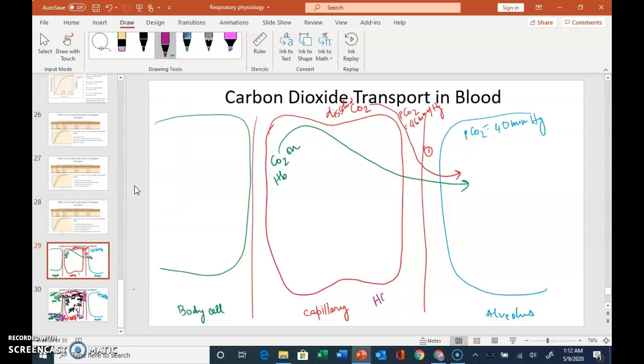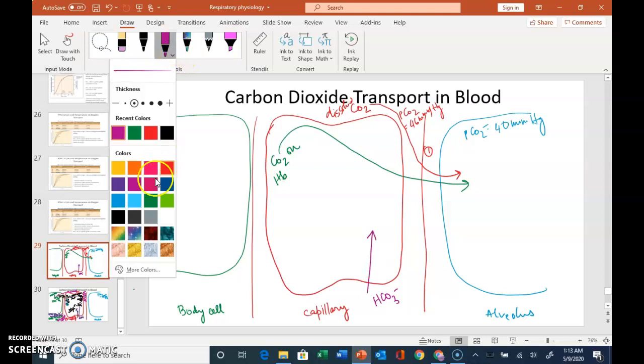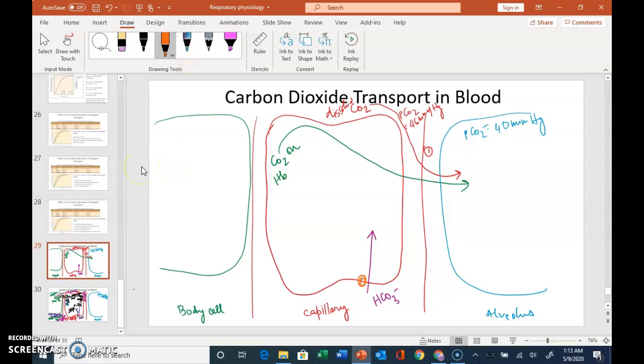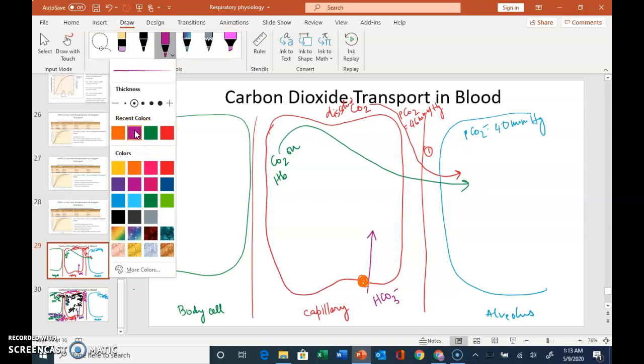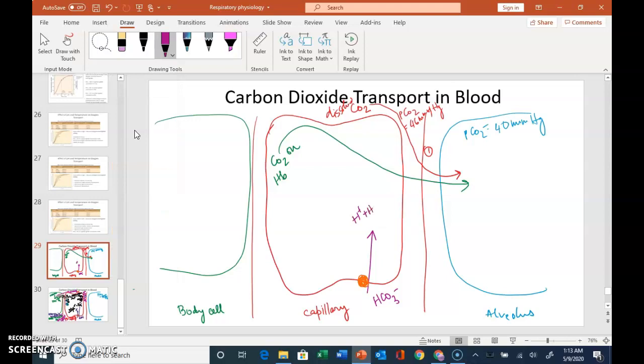Do you remember there was bicarbonate in plasma? This bicarbonate will move back into the RBC. So we have this protein here. So the bicarbonate enters back, and then bicarbonate will combine with hydrogen to form carbonic acid.